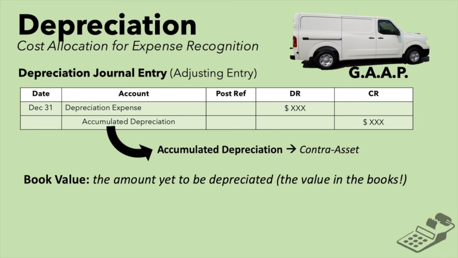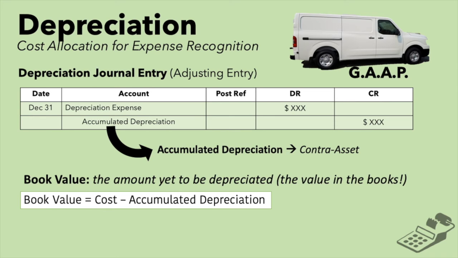And so that's how we determine the value of the asset in the books, which we call the book value. The book value is the amount yet to be depreciated, and it's the value in the books, which is why we call it the book value. The book value of an asset is equal to the cost minus the accumulated depreciation.